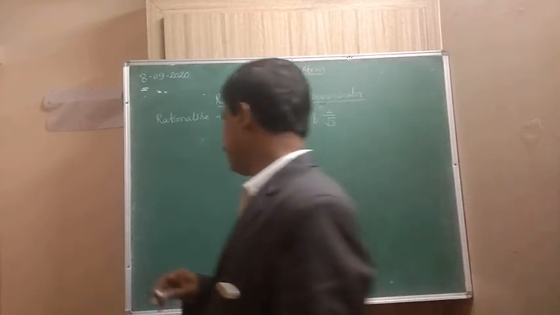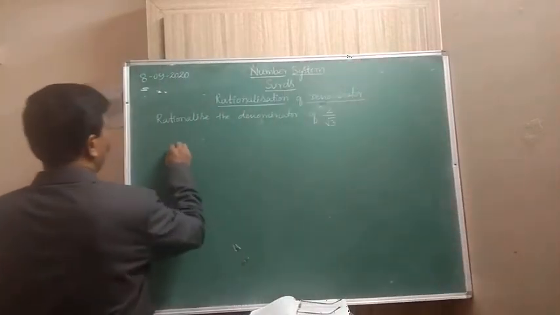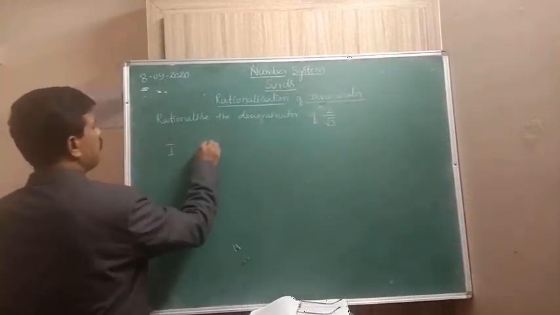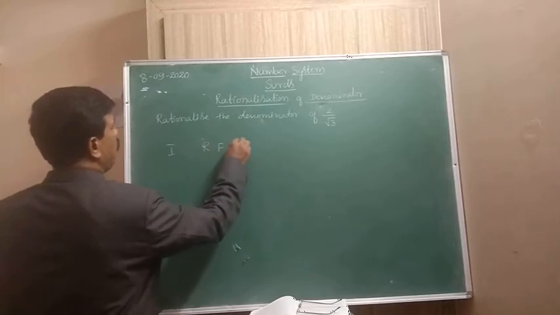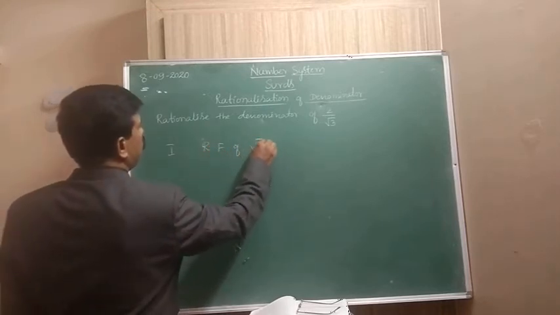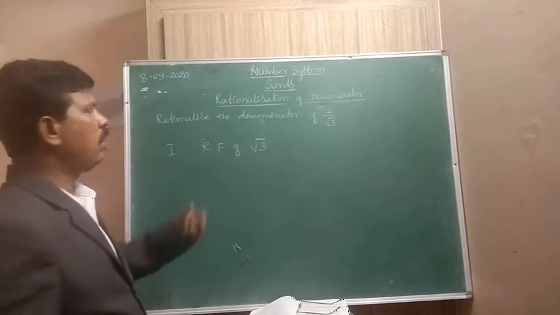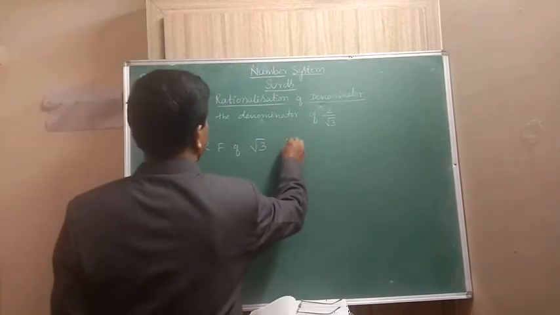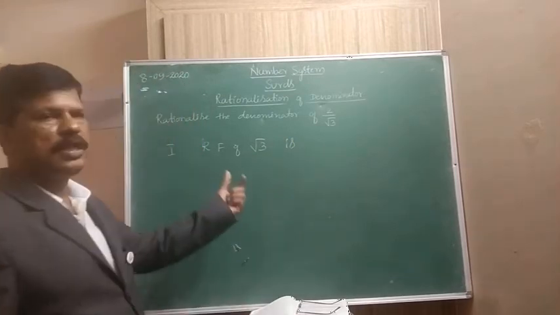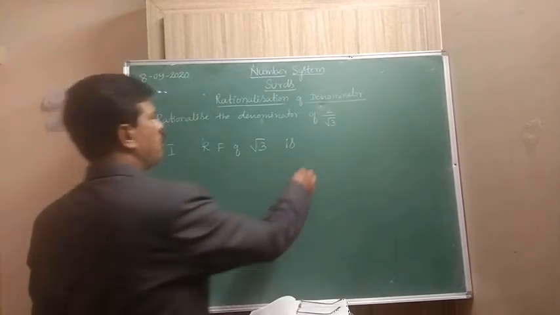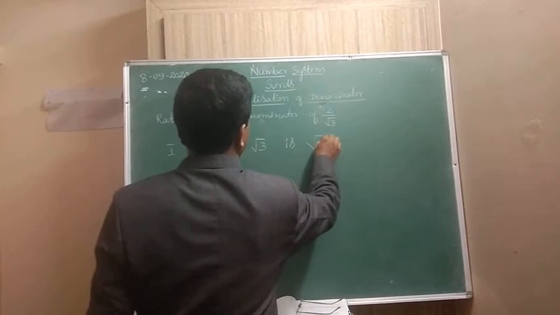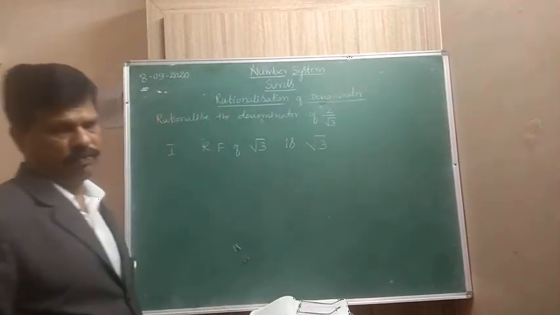First step, you write the RF of the denominator. RF of root 3. Here the denominator is root 3. So the RF of root 3 is, now this is a monomial surd. Therefore the monomial surd itself is the RF.